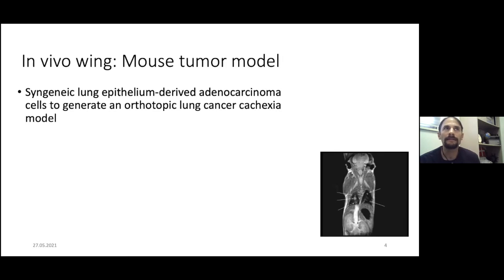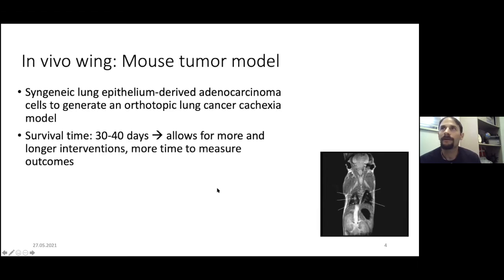And it's a syngeneic lung epithelium-derived adenocarcinoma model, which generates an ectopic lung cancer. And it is actually a model that is currently in use. So she is actually able to start a pilot study within the near future.